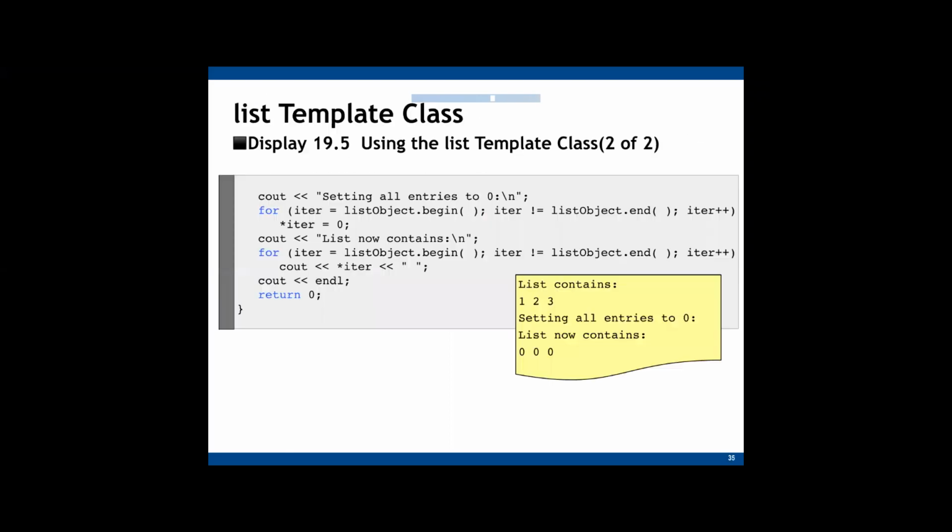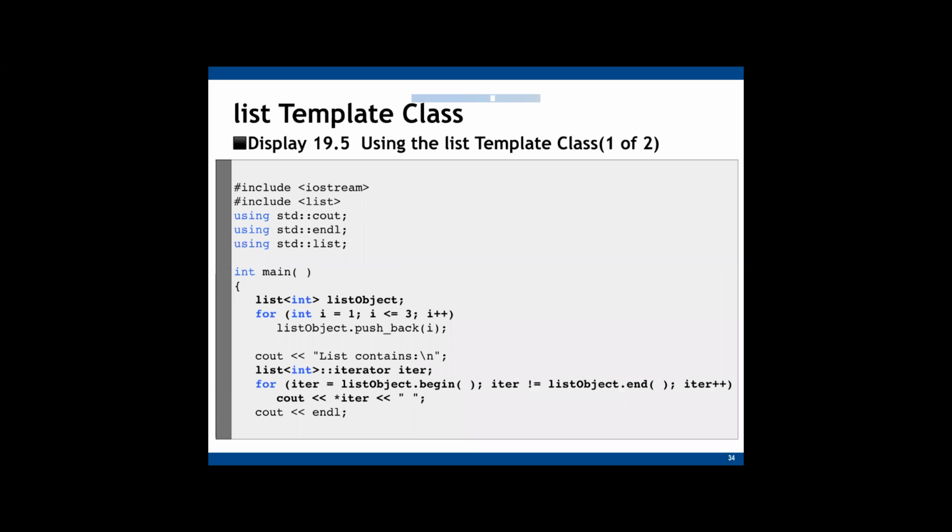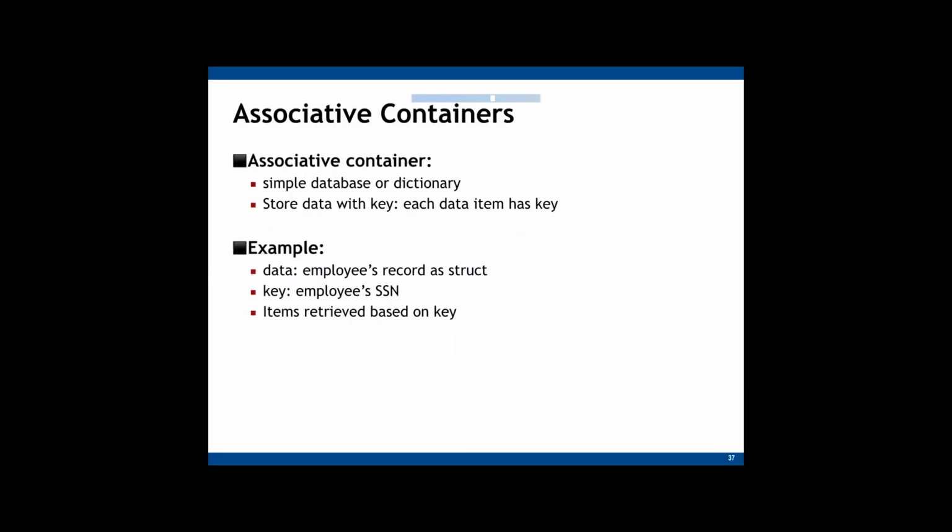Okay, so far we talked about the sequential containers. Now let's talk about another type of container, the associative container. Associative containers are simple databases or dictionaries because each data item has an associated value known as a key.